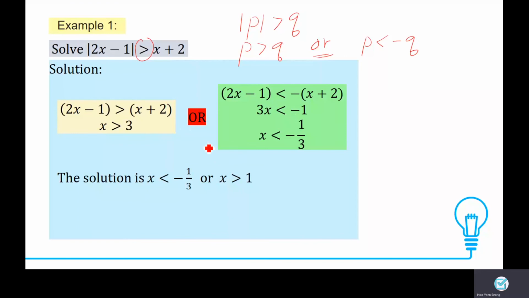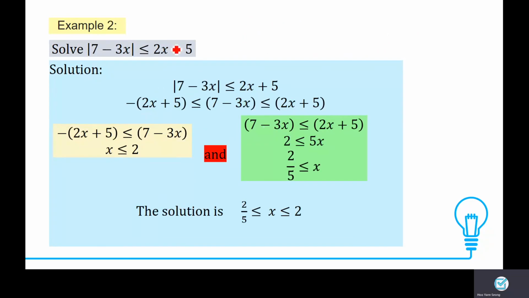And you solve it. Because this is an 'or', there will be no intersecting, so you just keep this. This is called inequality notation. If you want to write, you can always change it to negative infinity to negative 1 over 3, union, because 'or' is a union, 1 until infinity. You can choose either way.